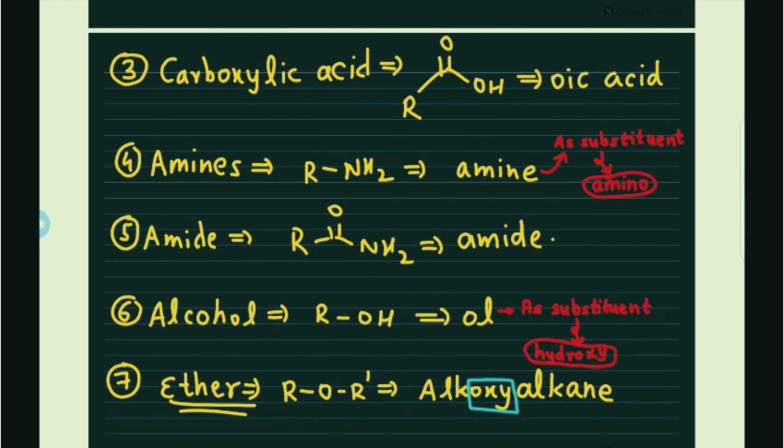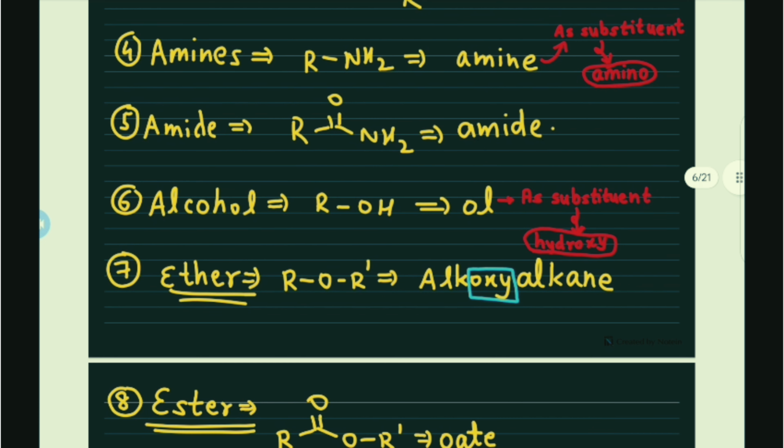Now let's see carboxylic acid. Its suffix is oic acid. Amines. Amine. If used as a substituent, we use it as amino. Amide is directly written as amide only. Alcohol has a suffix of ol. And if it's used as a substituent, its name becomes hydroxy.